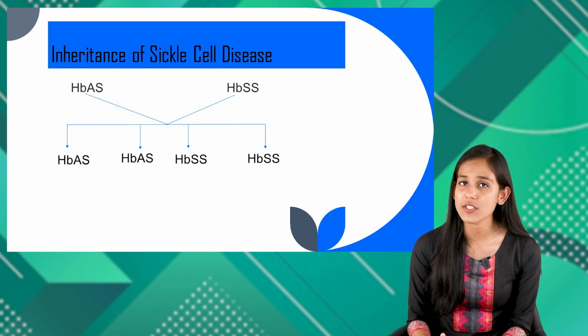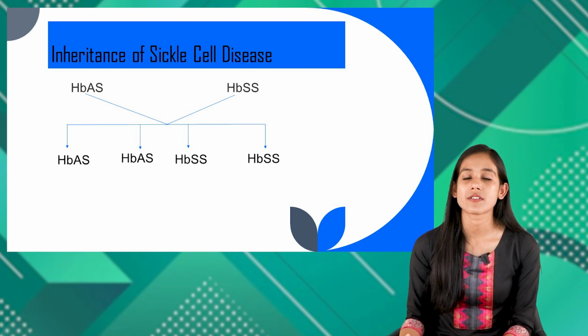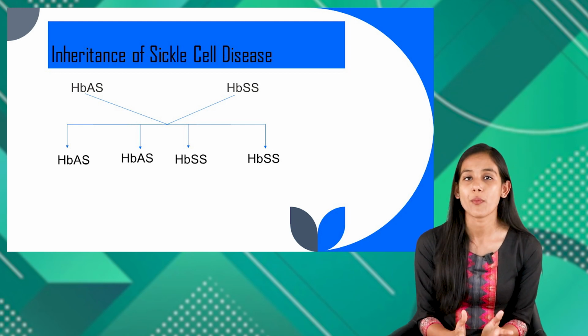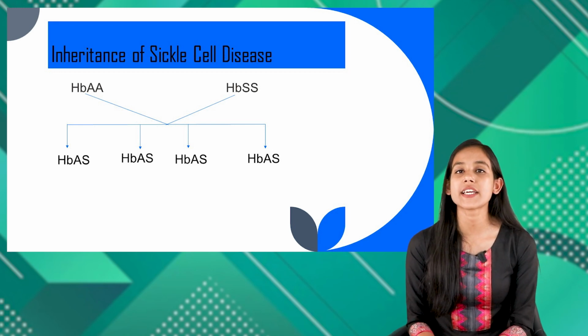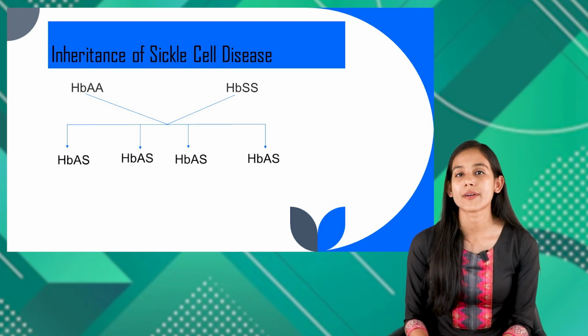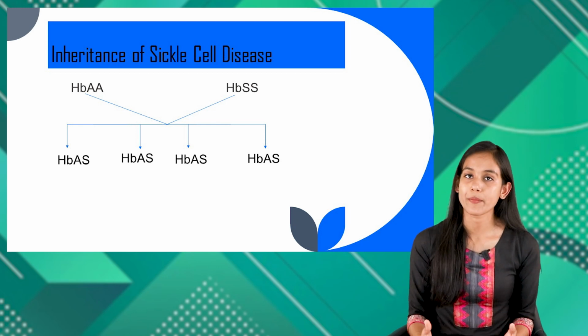And there's a 50% chance that the child will become a carrier, because the child might get one mutated gene from one parent. Now next, let us see if one parent is a carrier and the other parent has sickle cell anemia. In that case, what might happen?